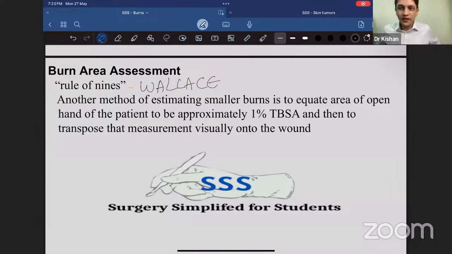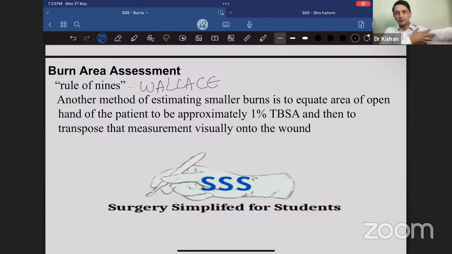So all of you, please be with me. You all know this, but still we will revise. There are sometimes confusion. So please act along with me. Say for adult, entire head and neck constitutes how much percentage of body surface area? 9%. Entire right hand is 9%.